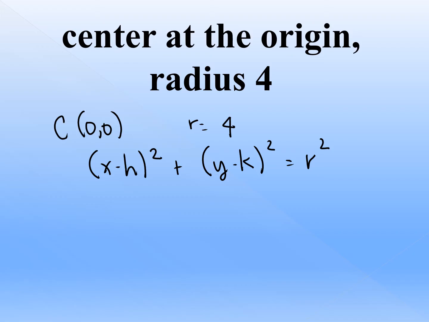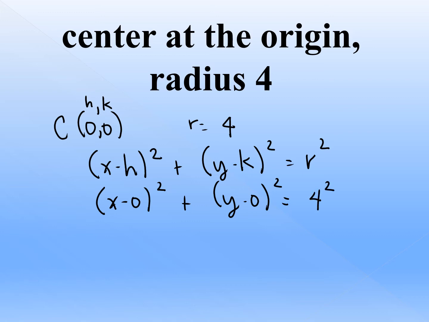Now, by substitution property, we have h which is equal to 0 because the center is at (0, 0). Therefore, h is equal to 0 and k is equal to 0. So we can have the quantity x minus 0 squared plus the quantity y minus 0 squared is equal to r squared. Your r is equal to 4, so we have 4 squared.